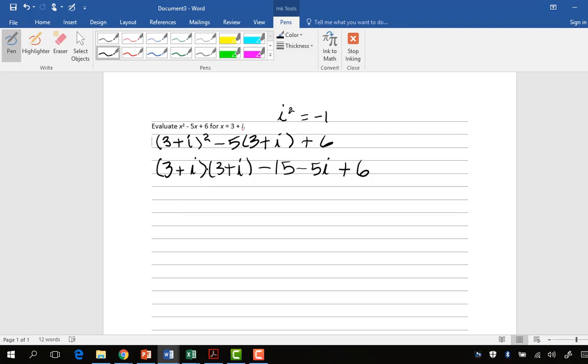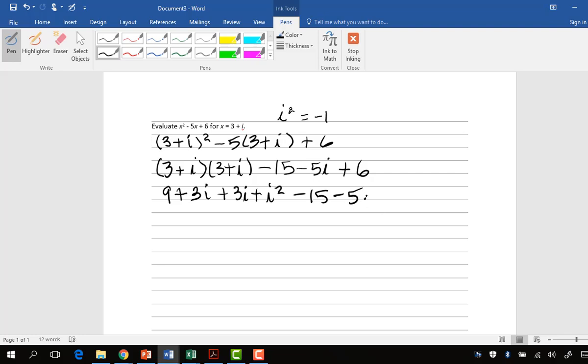So I have first times first, 3 times 3, which is 9. Outside times outside, which is 3 times i, which is a positive 3i. Inside times inside, it's positive i times positive 3, which is another plus 3i. And then plus i times plus i is plus i squared.